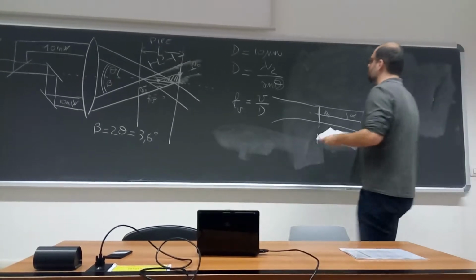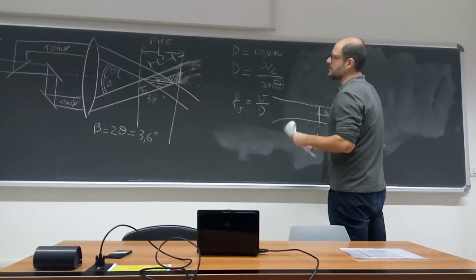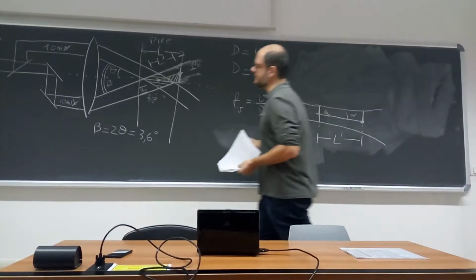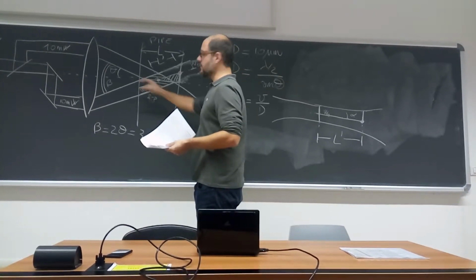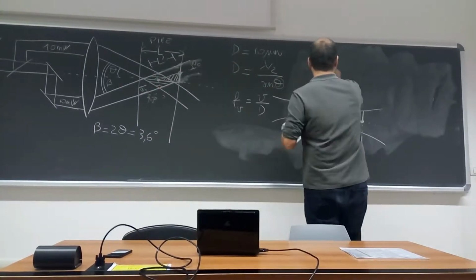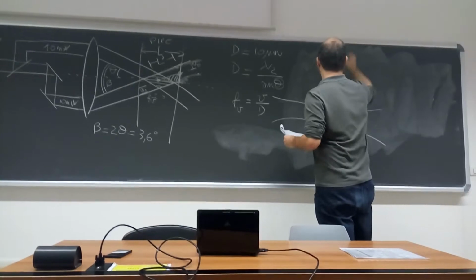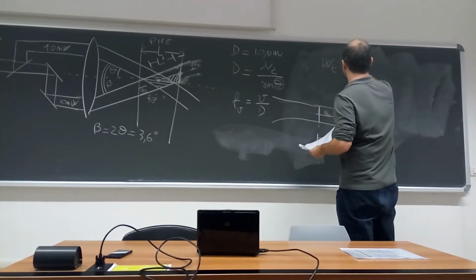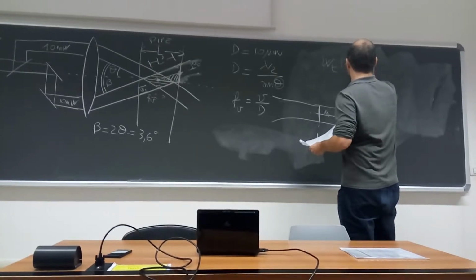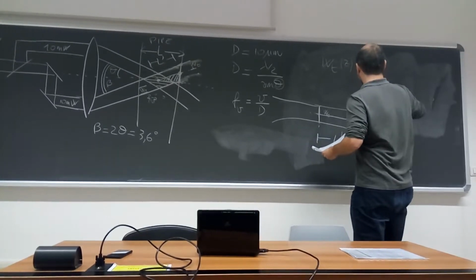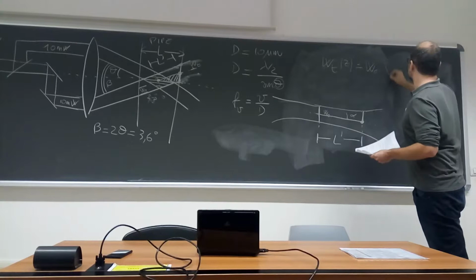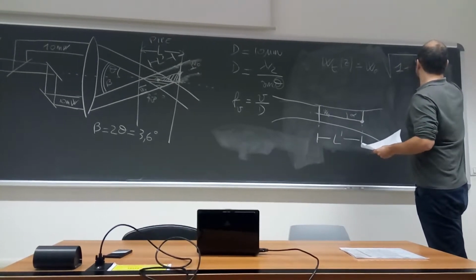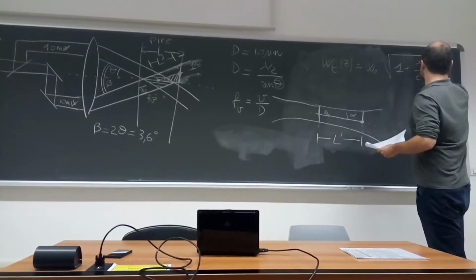And in particular, the more general condition when you have a Gaussian beam is that the diameter of the beam is related to the beam waist by this condition.